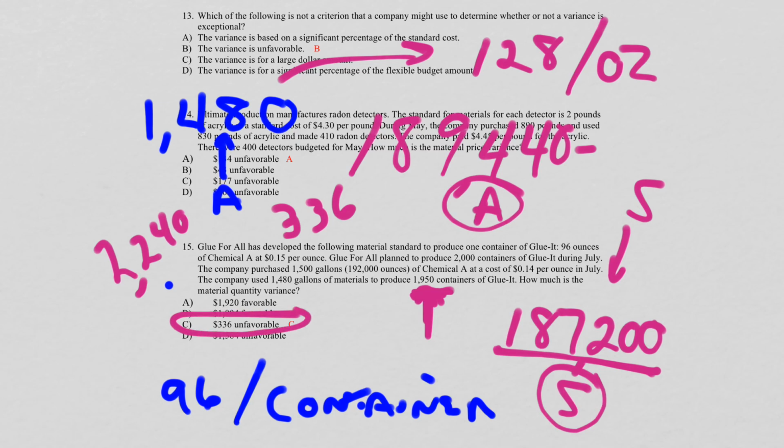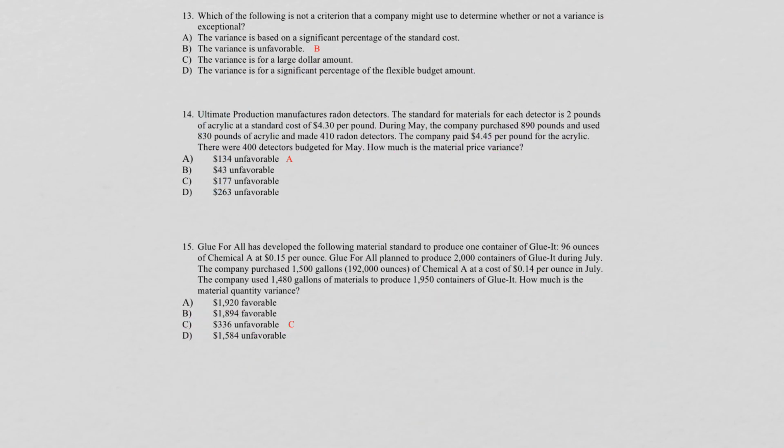All right, so to recap what I did, I'm going to do that quickly, so if you didn't follow it, you can follow it now. To make 1,950 containers, they used this much in gallons. What does that mean in terms of ounces? So that's what I did.